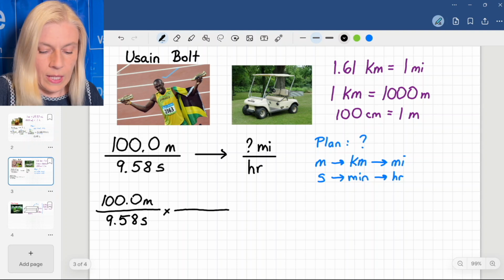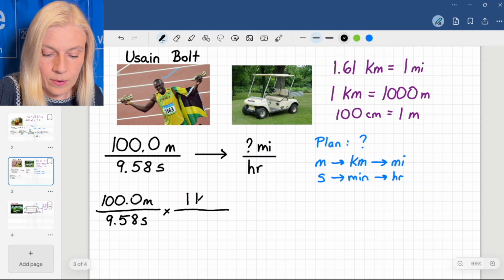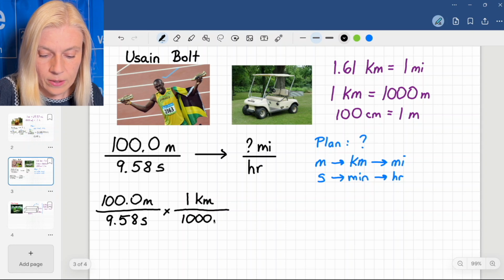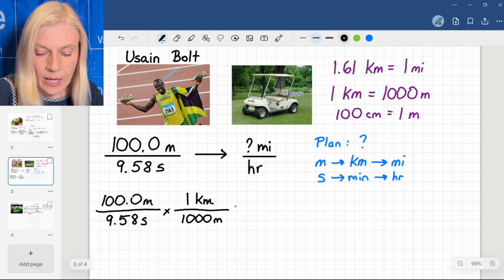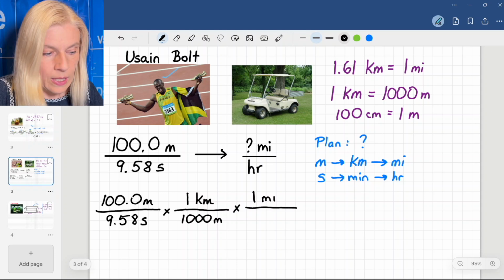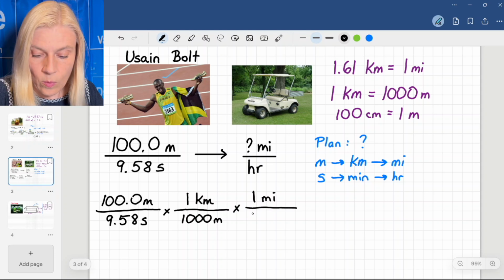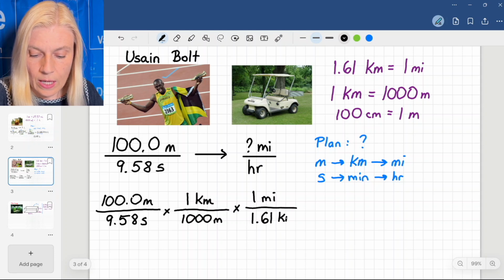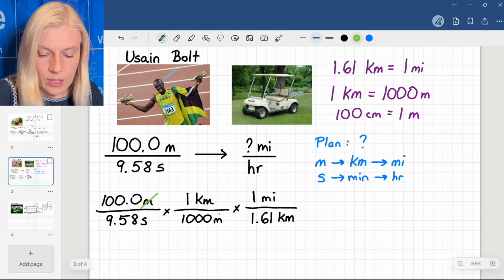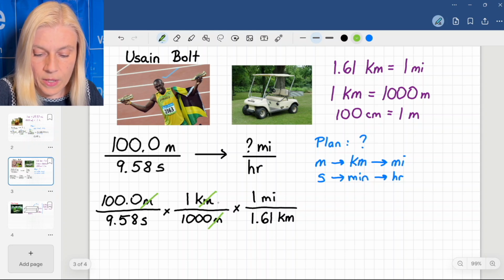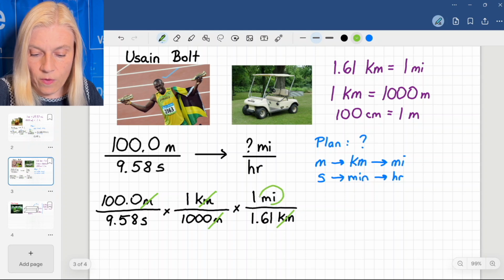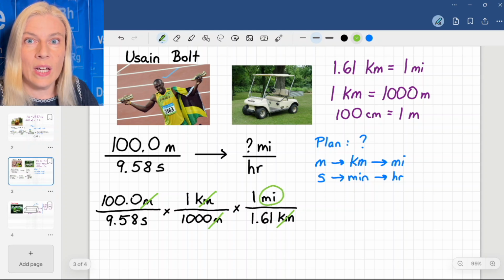So I'm going to say 1 kilometer has 1,000 meters, and then 1 mile has 1.61 kilometers. Let's take a little pause here. So my meters cancel out, my kilometers cancel out, and I'm left with miles, which is great.